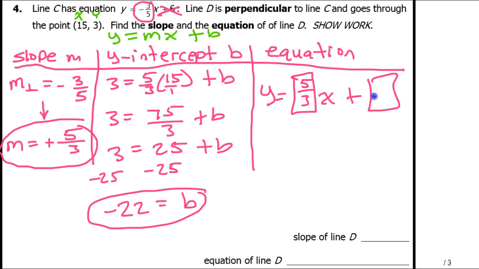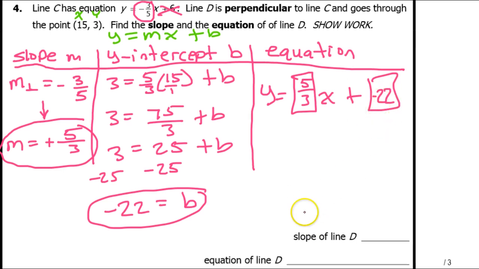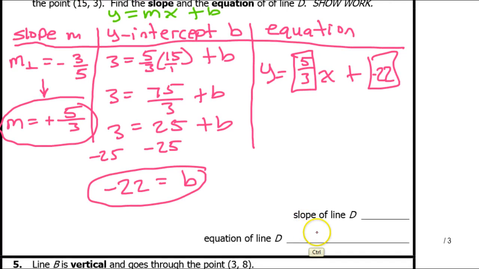So that means I have -22 in this box right here. So that tells me that the equation of the line is y equals 5/3 x minus 22. And by the way, the slope was 5/3.